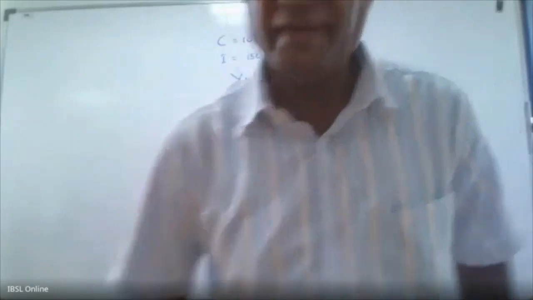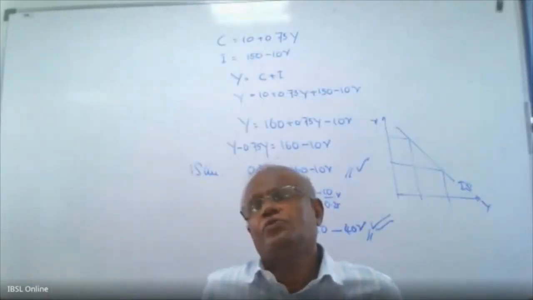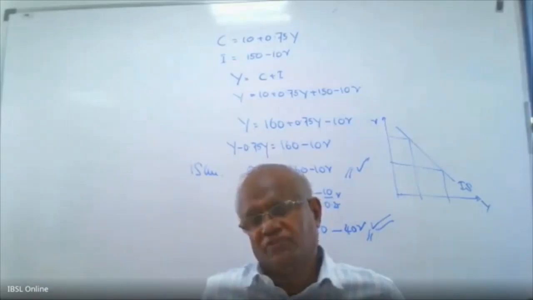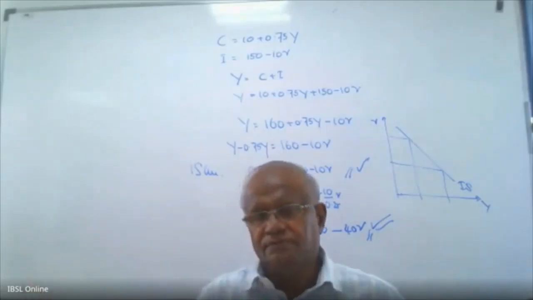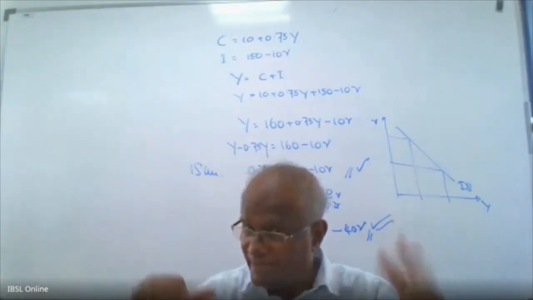The IS curve represents goods market equilibrium. It shows a negative relationship between interest rate and income. Along the IS curve, investment equals savings. Now you can derive the IS curve for the simple economy.